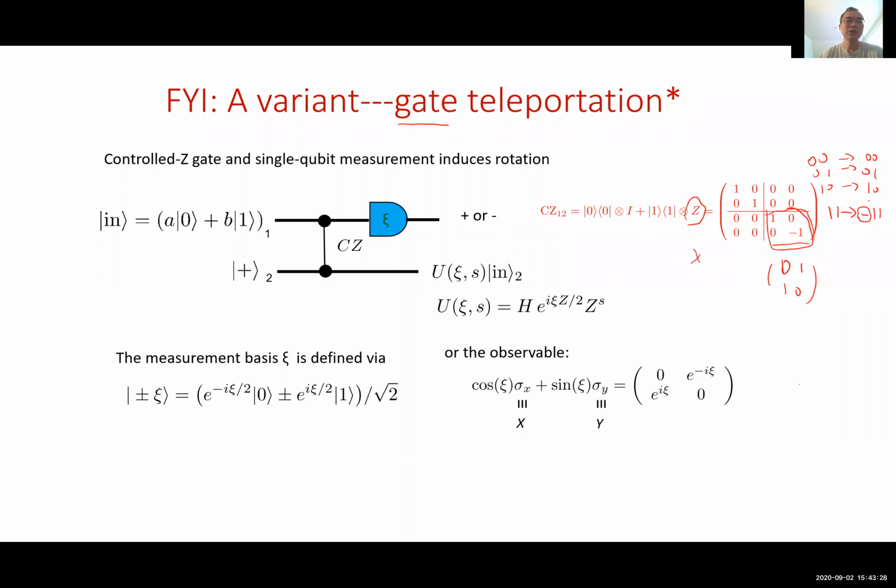So what I would like to do is perform a measurement. Okay. So I want to perform a measurement in some basis. The measurement in this particular plus-minus basis is explicitly written like this.